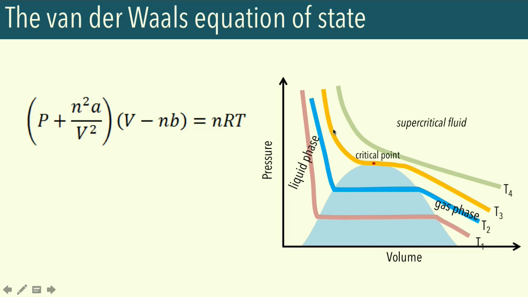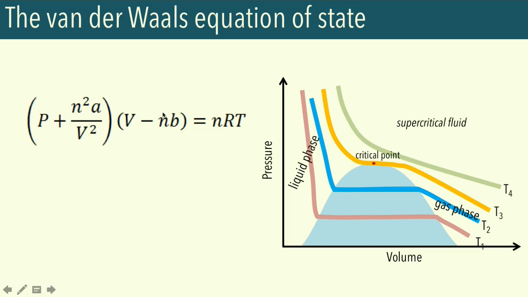So we could see that our van der Waals equation of state can actually apply for the liquid phase as well as for the gas phase. However, we always have to keep in mind that the van der Waals equation of state does have its limitations. There are some conditions in which it does not give very accurate predictions on the parameters of our system.